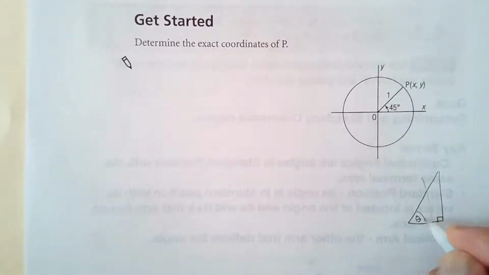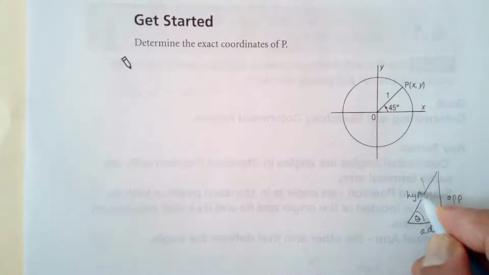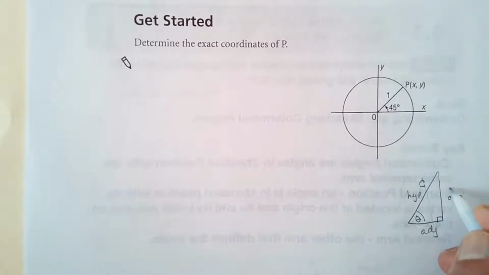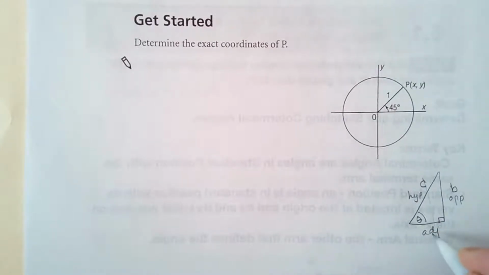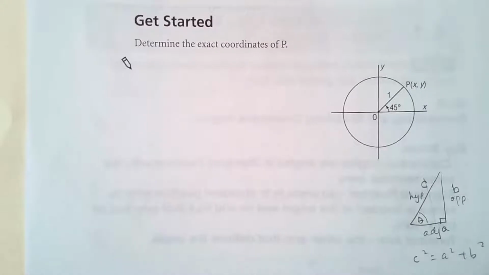Here is our reference angle. This would be the opposite side, this would be the adjacent side, and this is your hypotenuse, labeled as C. This would be B, and this is labeled A. We see that C squared is equal to A squared plus B squared. That's the Pythagorean theorem.